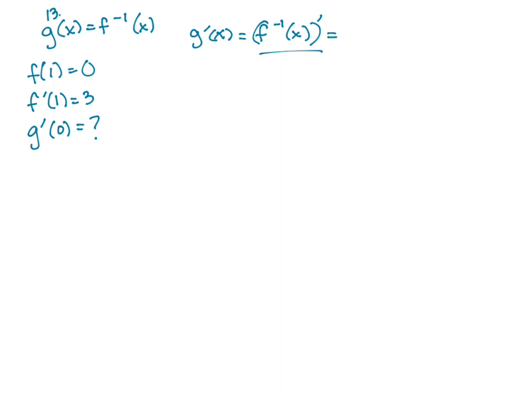What's my formula? 1 over f prime of f inverse of x. You following that? Yeah. Now, we're actually finding 1 over f prime of f inverse of 0, g prime of 0.